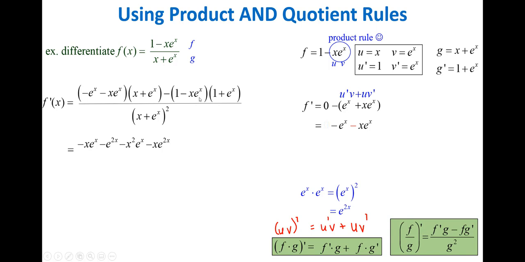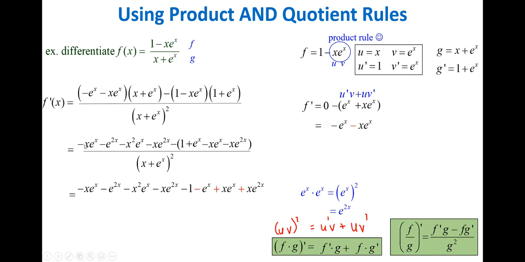Now for this binomial times a binomial, it'll be 1 plus e to the x minus x e to the x minus x e to the 2x all over x plus e to the x squared. Okay. Now I'm rewriting all these terms.